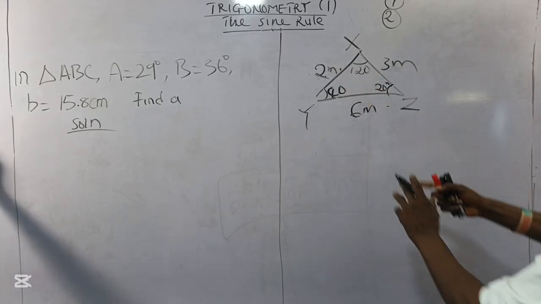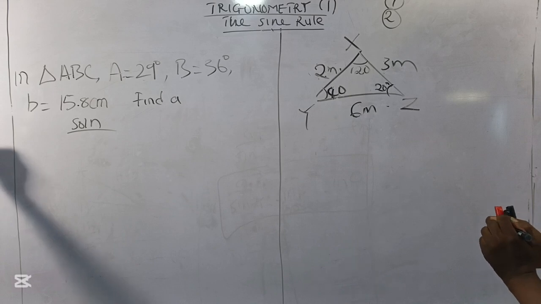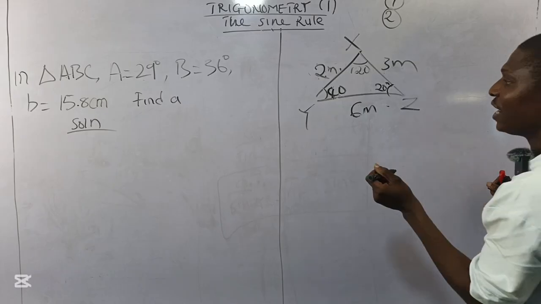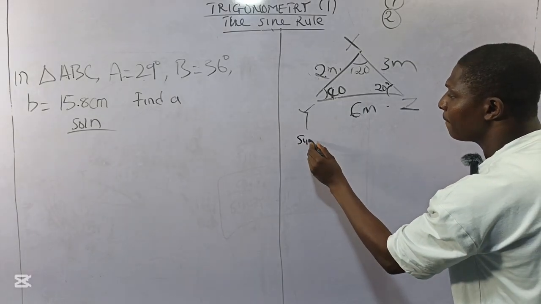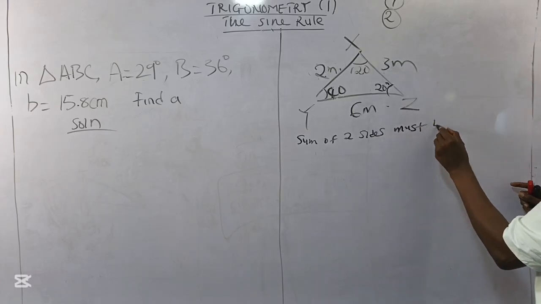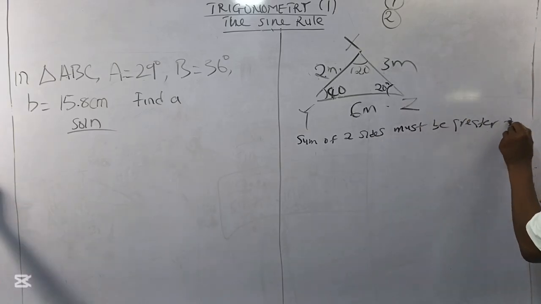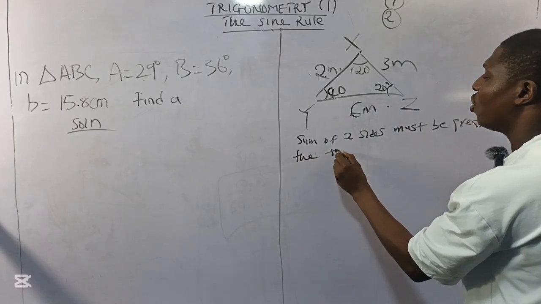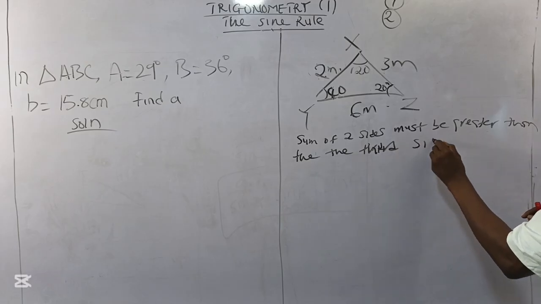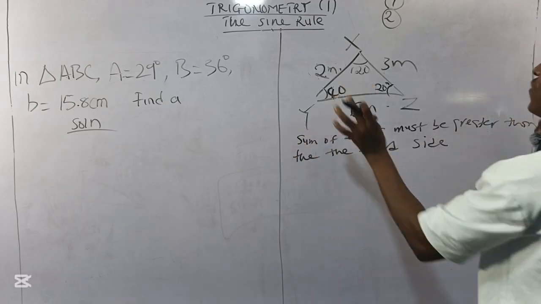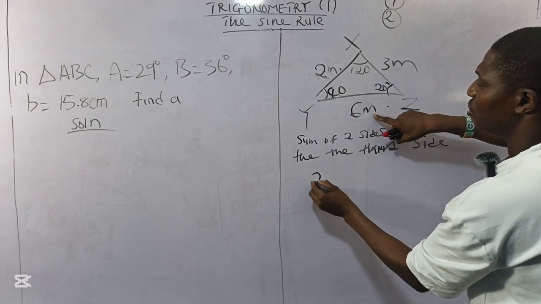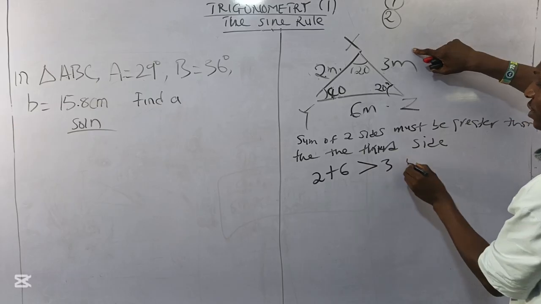Fine, it's a perfect angle. But a triangle of this kind cannot exist. Why can it not exist? Because using the triangle inequality theorem, the sum of any two sides must be greater than the third side. Check. 2 plus 6 is greater than 3. Good.